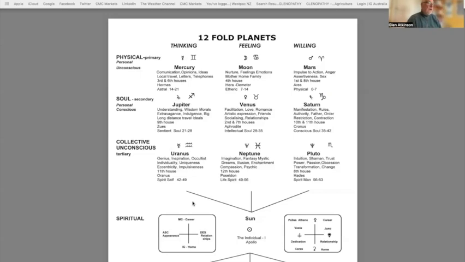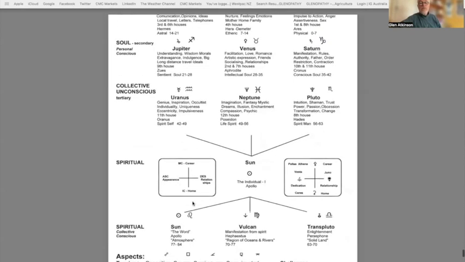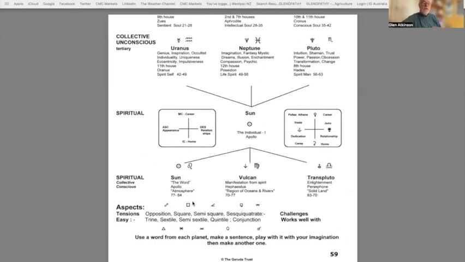Now, Rudolf Steiner, in a couple of lecture series that I've read, has talked about three more stages beyond what he called spirit man. And these are Trans-Pluto, Vulcan, and the Sun. And these are worth investigating, but these are actually states of spiritual enlightenment and full consciousness.